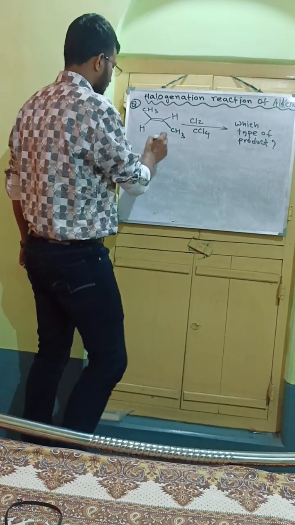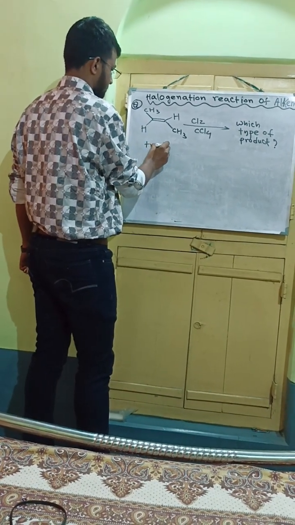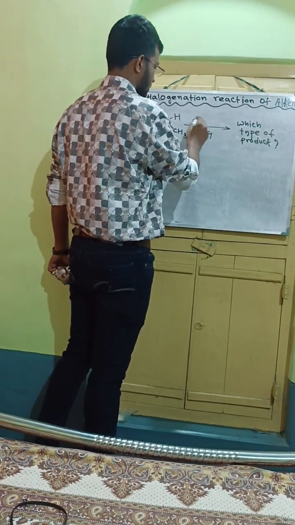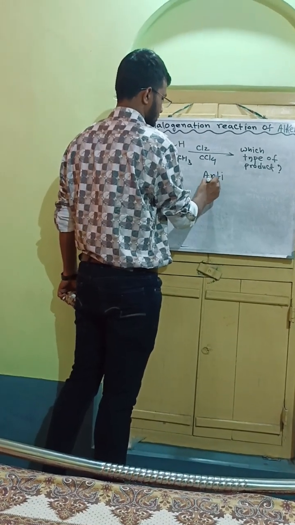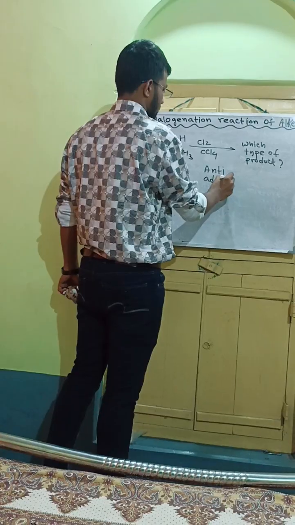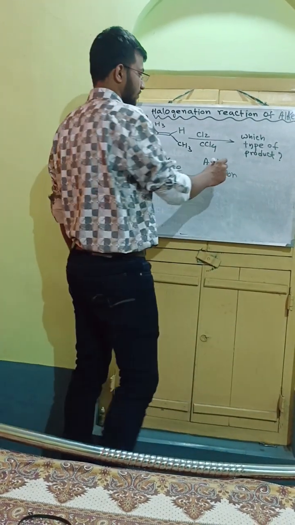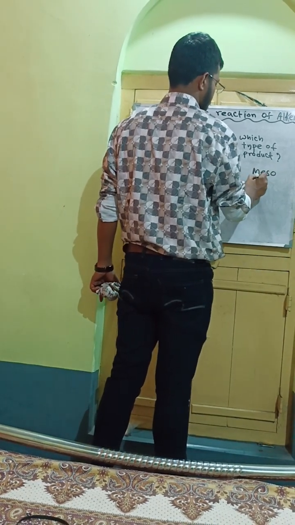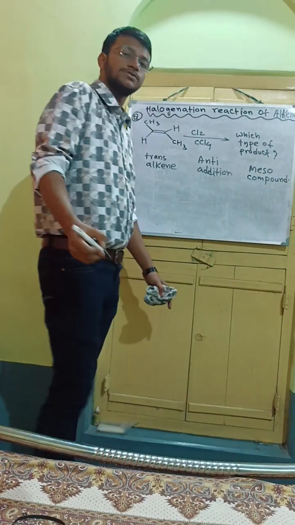Clear? Now here this is trans alkene, and this is anti-addition. What type of addition? Anti-addition. You have to remember, trans alkene anti-addition will produce meso compound. Clear? And what is meso compound?